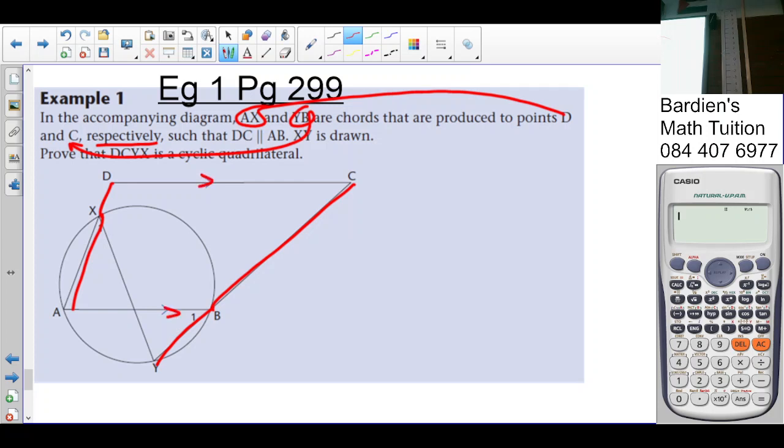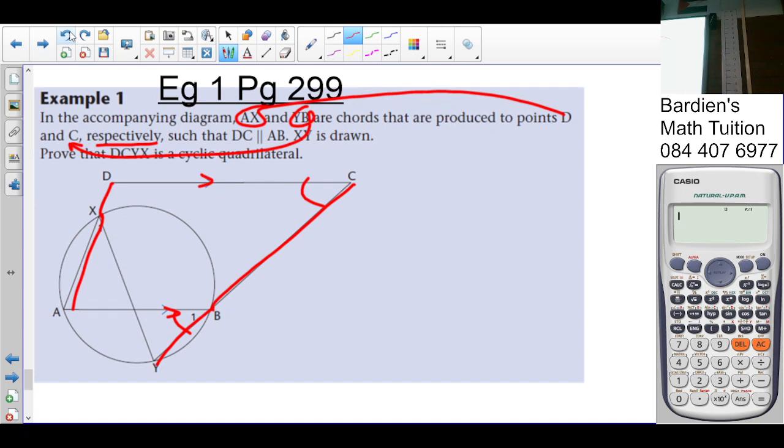Lines are parallel, what do we know? Alternate angles are equal or corresponding angles are equal. Answer. Alternate angles, there's no alternate angles formally. However, there's corresponding and co-interior. But it doesn't look like I'll be using co-interior.